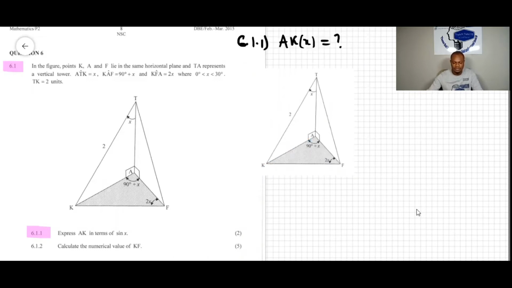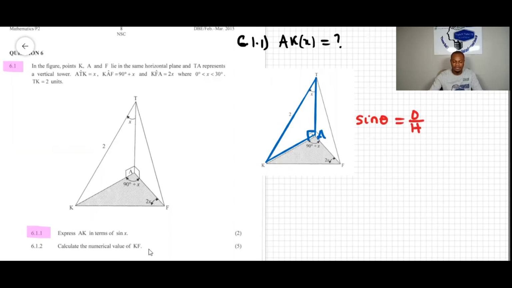You see in this triangle T, K, A is over here, and K is there, because this triangle makes a 90-degree angle. Why am I saying that? Because we know by definition that sine of the angle is equal to opposite over hypotenuse.